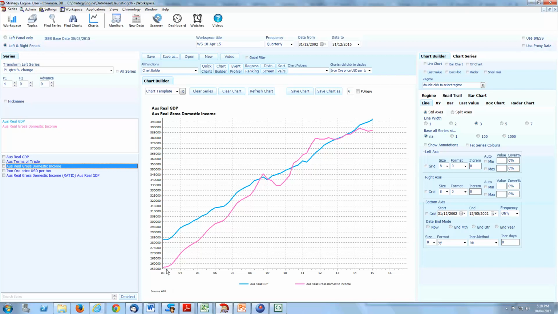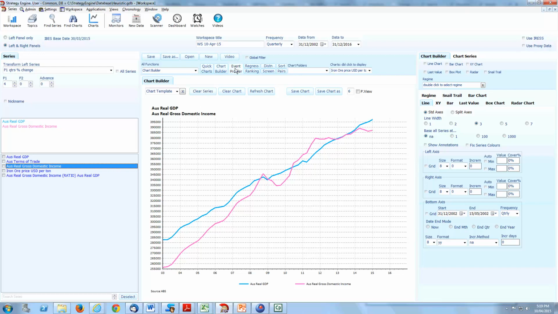Whereas real gross domestic income grew from 255 to about 385, 130. So essentially the difference between the two over that period of time is about $80 billion. So the terms of trade impact we might assume is around 80, a little bit more. But it actually hit a peak a little bit earlier.